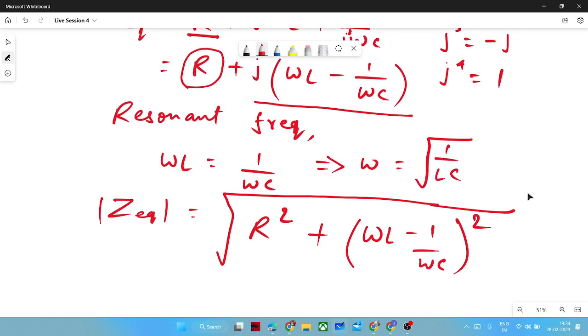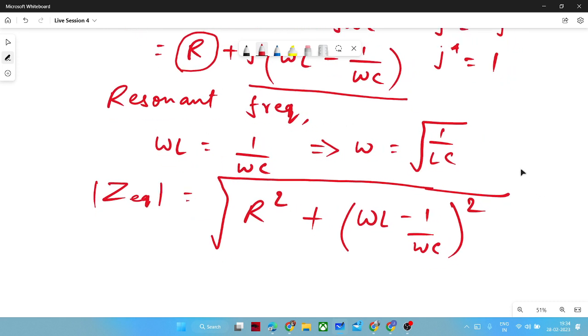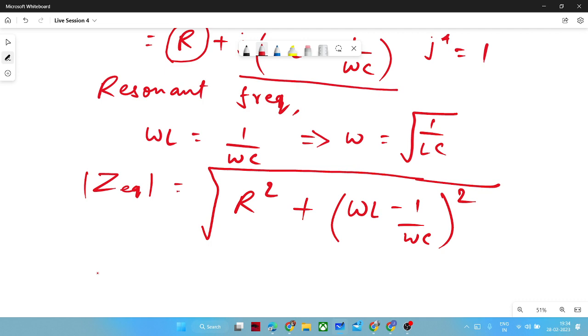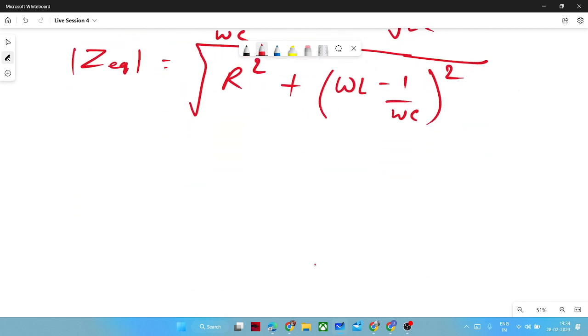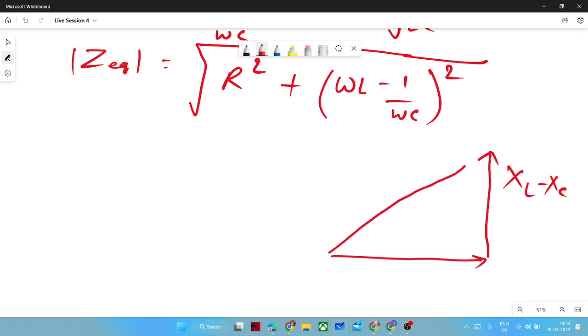Now you need the angle, which will give you the power factor. With this expression only, you can directly compute the angle. How? See, generally resistance lies on the x-axis, and this reactance is generally called XL minus XC, and this is your total impedance, right?